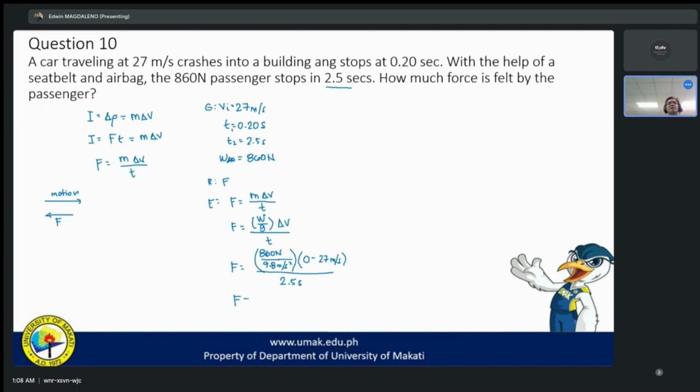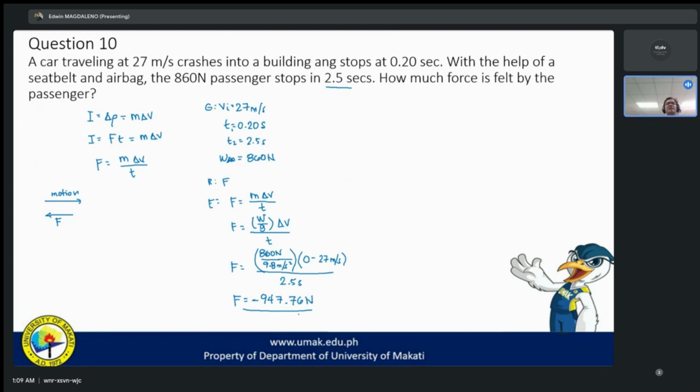So the force felt is negative 947.76 newtons. Ito yung naramdaman. Medyo malaki pa rin. 947.76 newtons, dahil doon sa seatbelt saka airbag.